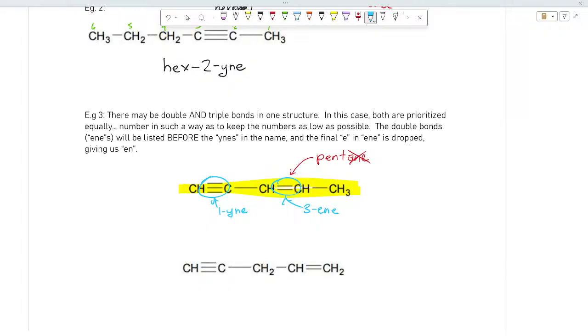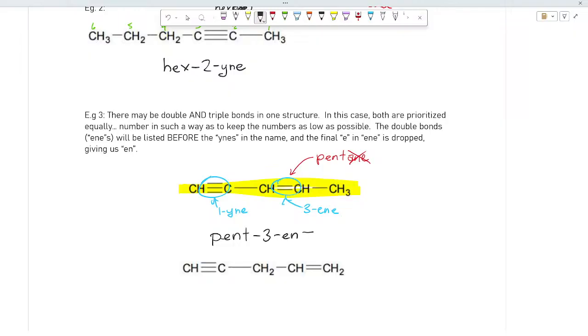So what do you do with that? Pentenyne? Yes, correct. So we would call this pent. And then we do these in alphabetical order as well. So we'd say pent-3-ene.